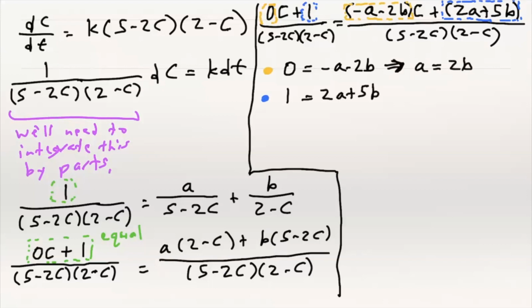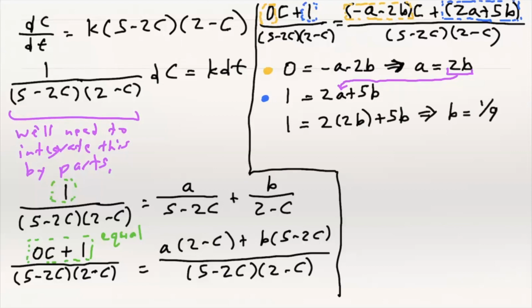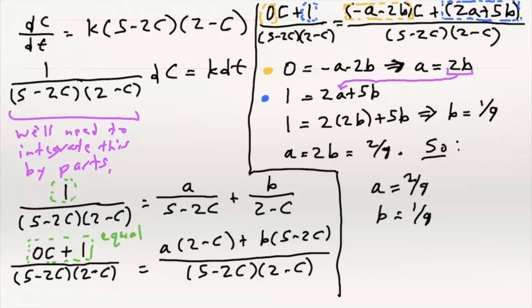And then substituting that in for a, we have that 1 is 2 times 2b plus 5b, which means that b is 1/9. And then since a is 2b, that must be 2/9. So we got that a is 2/9 and b is 1/9.